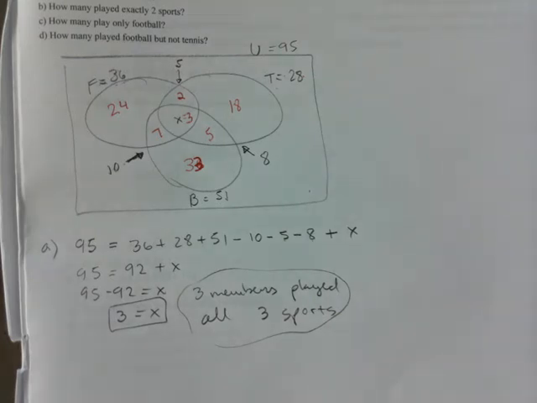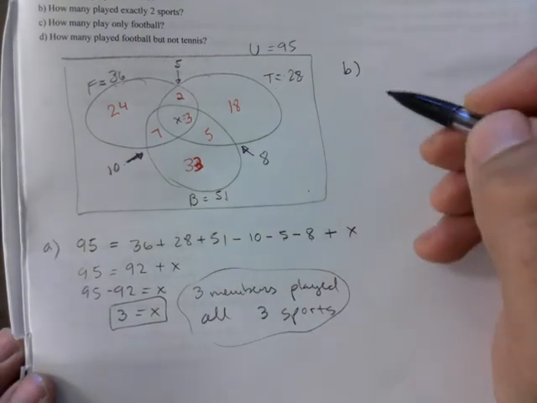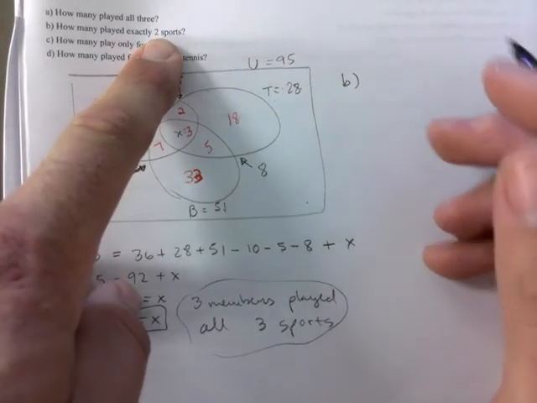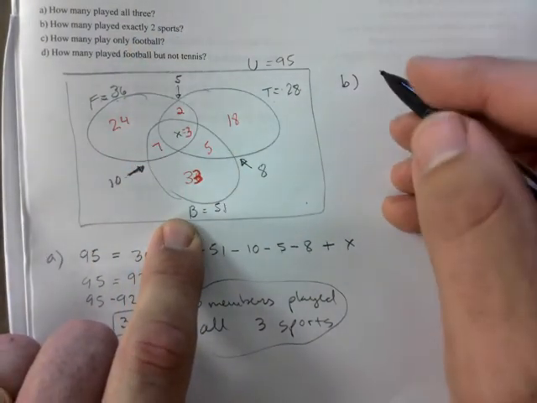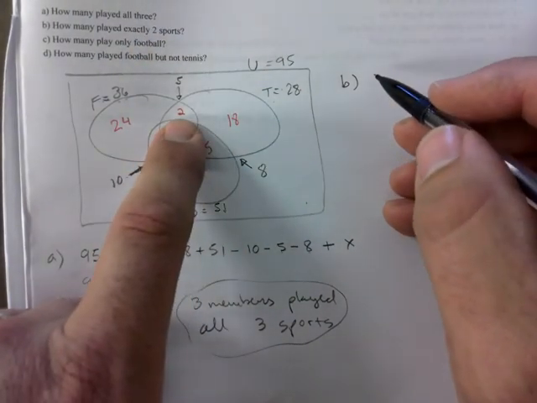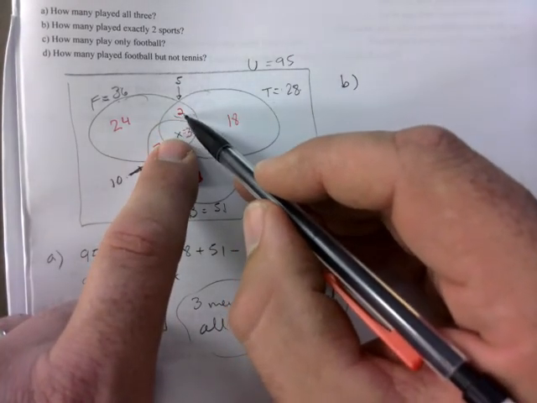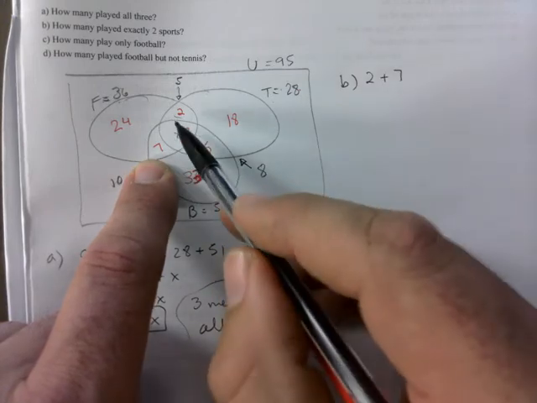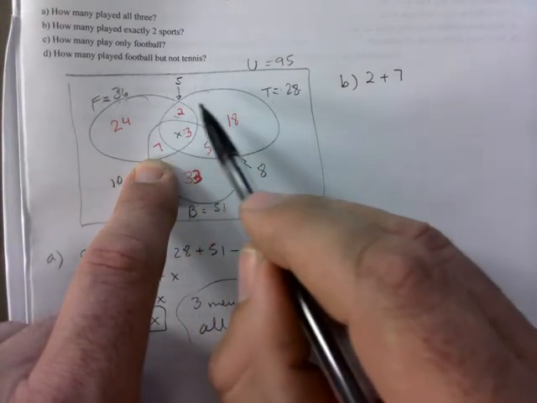And now you answer everything else. Once you find the key, then you answer everything else. So B, how many played exactly 2 sports? Only 2 sports, right? So 2 plus 7, because these 2 played exactly 2 sports.